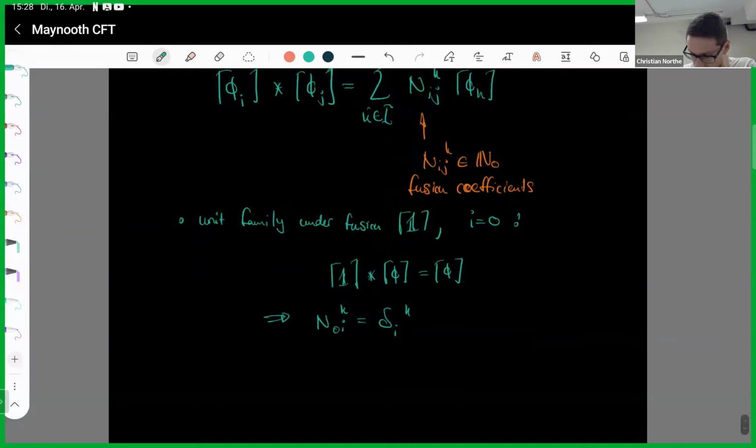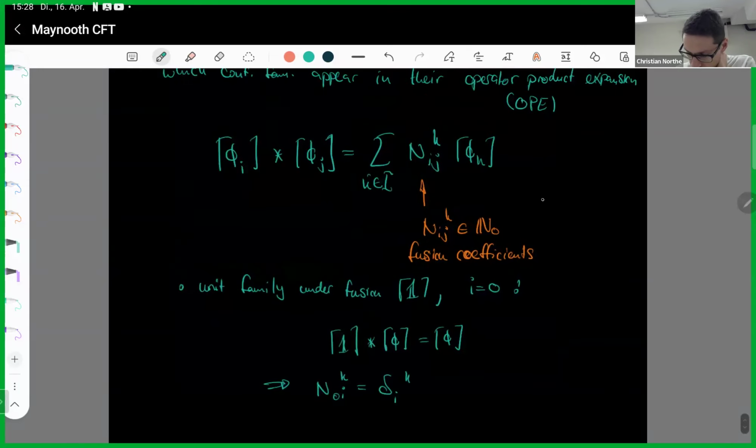If you want, this is sometimes done in the literature. I'm going to recycle the diagram I made above. I take family I, I take family J, and I'm reading this from bottom to top, and I get family K. So this is N_ij^k.